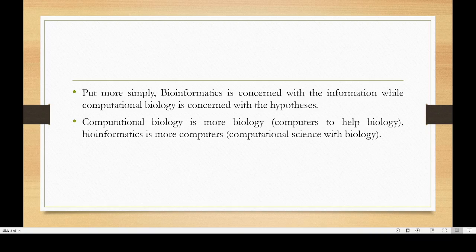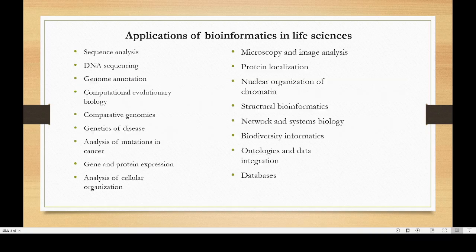Another way to say it is that computational biology is more biology, using computers to help biology, whereas bioinformatics is more computational science applied to biology. That is the difference between bioinformatics and computational biology. So sometimes you can expect a question about how you can distinguish between computational biology and bioinformatics. Basically there is not much difference, but there are slight differences between them.